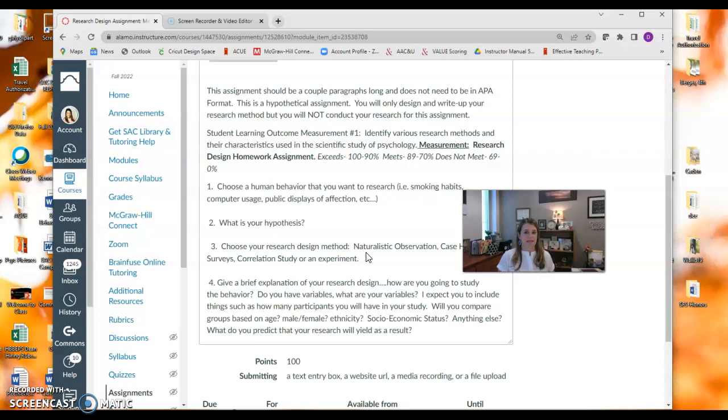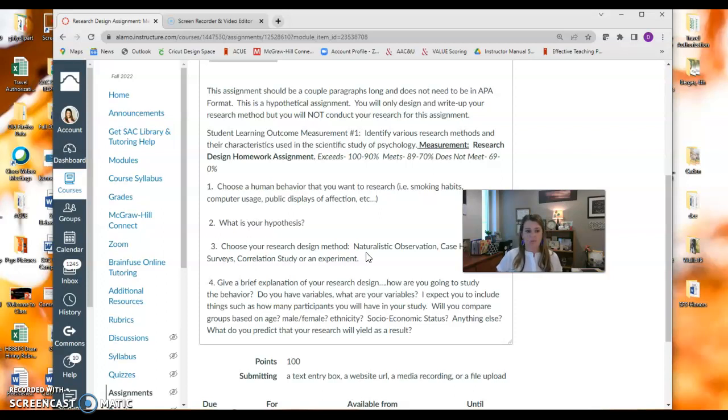This assignment is not about length, it's not about format, it's not about APA. I'm really just wanting you to think like a researcher, like a scientist that would be researching a behavior. So please don't worry about length, don't worry about formatting. I'm not saying that you cannot include an APA citation, but you really don't need one.